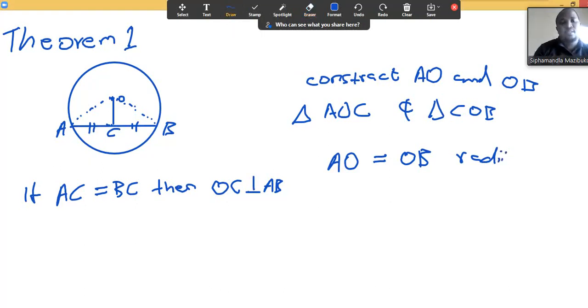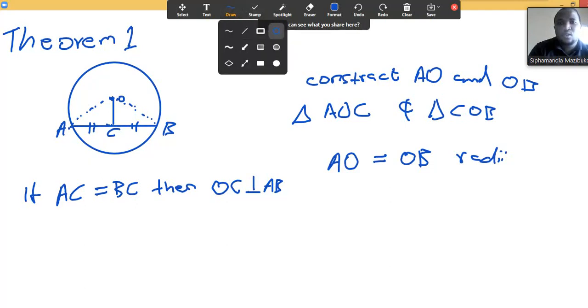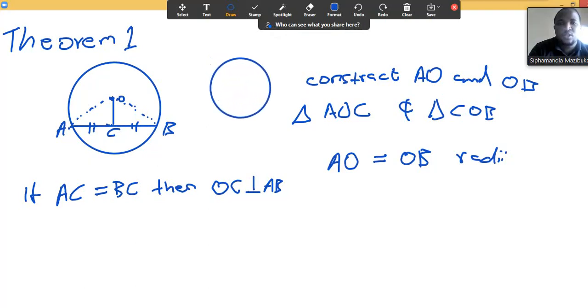Whenever you're proving theorems, or working on Euclidean geometry, you need to state your reason. So the reason we're saying AO is equal to OB is because of a radius. Maybe you're struggling to understand what a radius is.